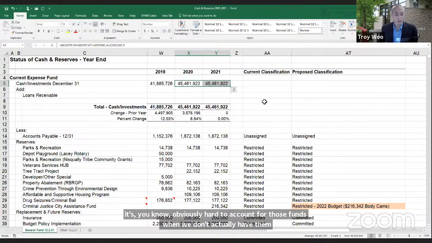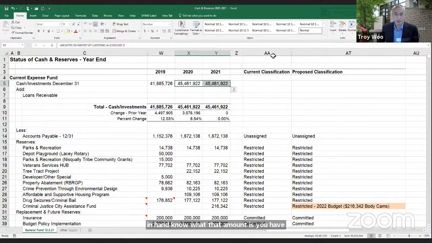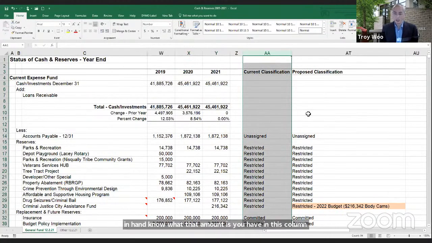You have in this column here, this is the current classification. So this represents the committed reserves that council took action on last year at the end of 2020. It also includes any assigned balances that the city manager and myself assigned based on what we heard from council in terms of priorities.